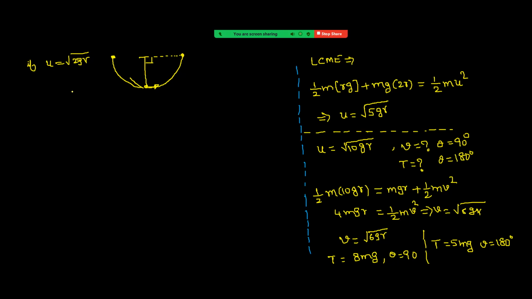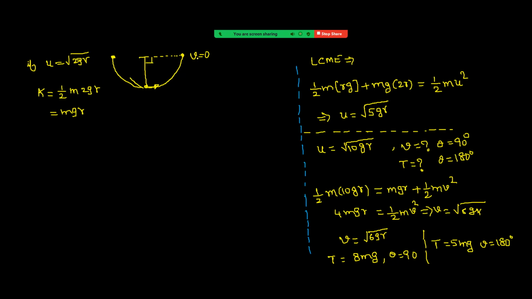How we are saying that means by using energy conservation. See carefully once. Kinetic energy equal to half mv square, with v square 2gr, this is equal to mgr. This is completely converting into potential energy. So height equal to r, right? So here velocity is zero.